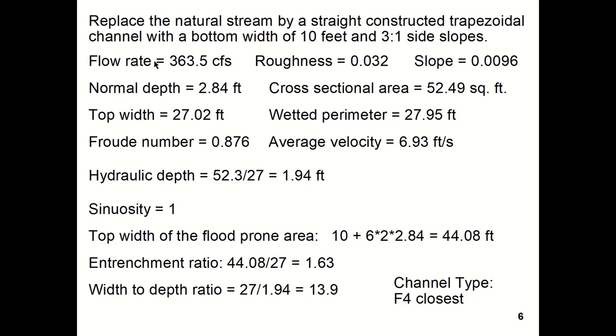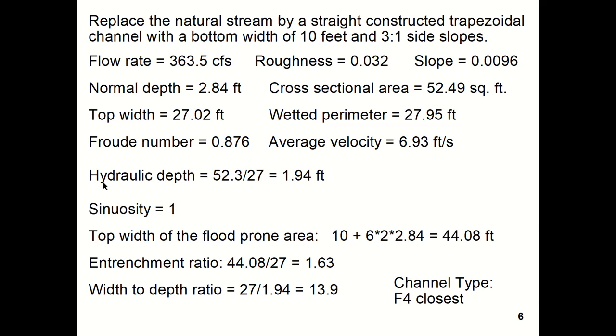If we take our flow rate, our roughness, and our slope, which would now be the slope of the valley, it gives us a normal depth of 2.84 feet, a cross-sectional area of 52.49 square feet, a top width of 27.02 feet, a wetted perimeter of 27.95 feet, a Froude number of 0.876, and an average velocity of 6.93.